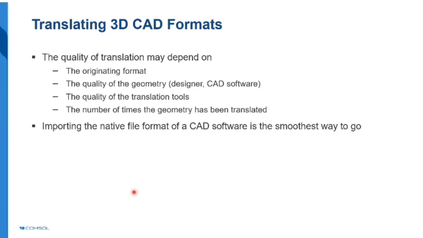That means you have translated that geometry twice, and with each translation, based upon the tolerances used, errors will be introduced. The final geometry which you are going to input within COMSOL might have some unnecessary errors, which might not have been present if you had directly exported the original geometry into an STP file itself.